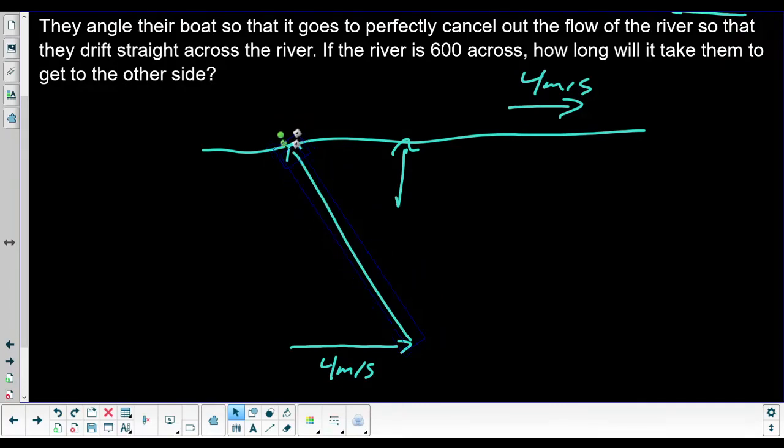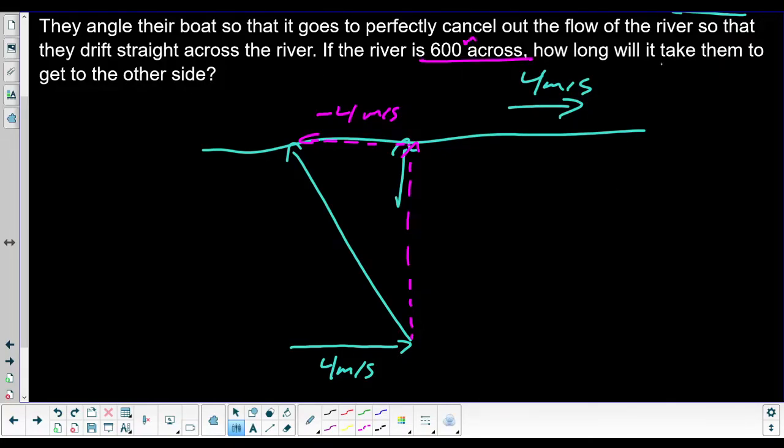That looks good to me. So we've turned it so that the components of this, we have that y component, and we have now a negative 4 meter per second component there. What we're looking for is, if the river is 600 meters across, how long will it take them to get to the other side?